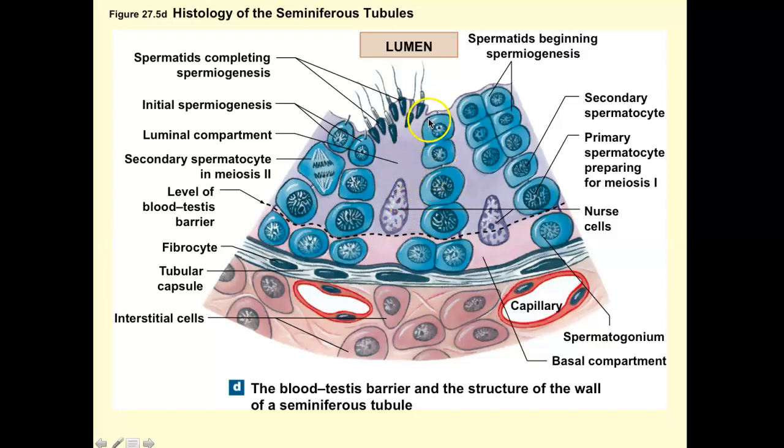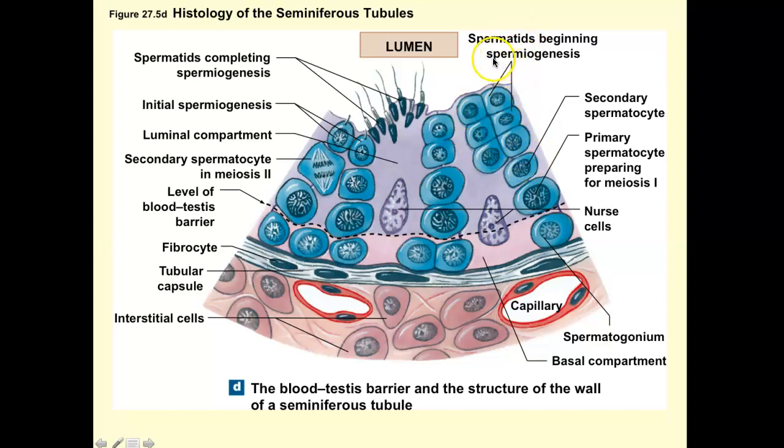So let's see if we can find our primary spermatocyte. This is here. It's the first one formed from our stem cell, so it's going to be closest to the stem cell. Then as it divides in meiosis 1, it's going to be a secondary spermatocyte. And then the secondary spermatocytes will undergo meiosis 2, and they're going to form spermatids. So here's spermatids, and spermatids are going to be closest to the lumen.